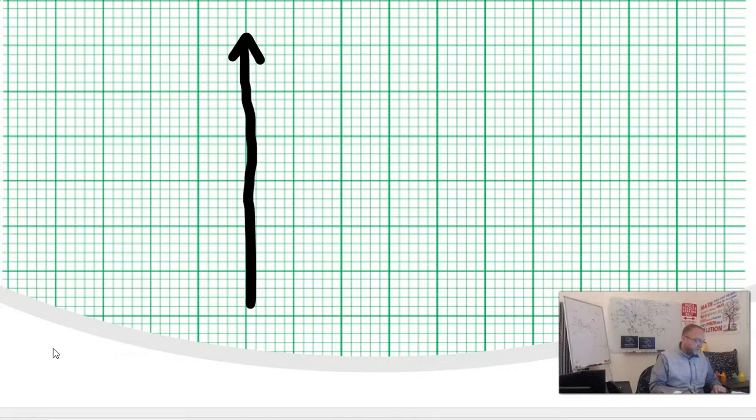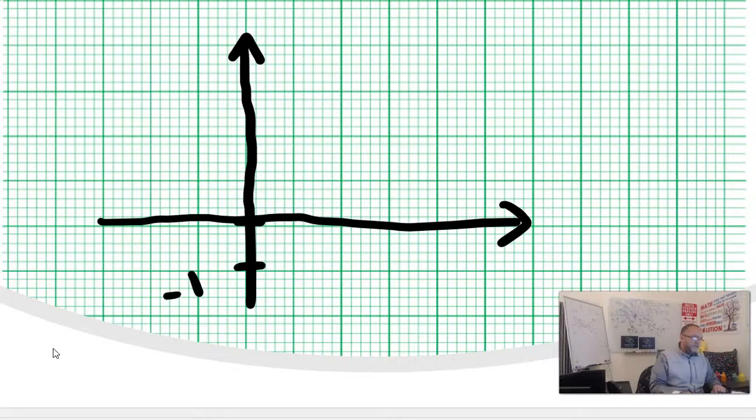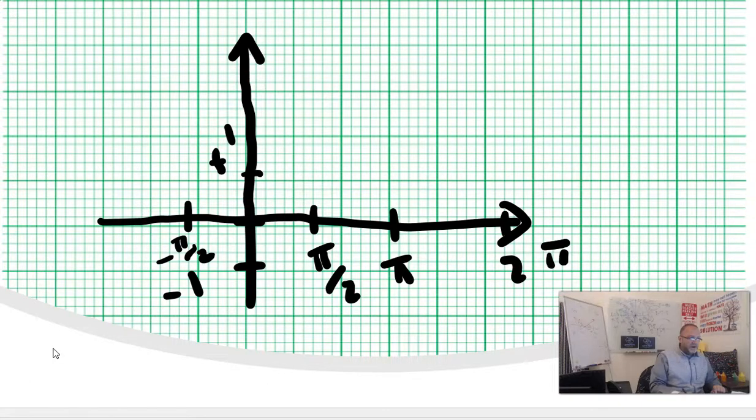We sketched the simple cosine and we said this is my 0, 0, and this is my minus 1, this is my plus 1, and this is minus pi over 2, this is plus pi over 2, and this is the pi, this is the 2 pi, and the cosine goes like this. At pi over 2 it's 0, and then it goes like this, 0 again.